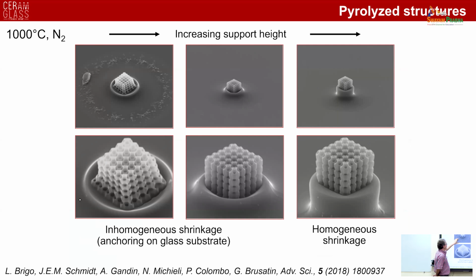And if you control the ratio between the width of the part and the height of the part, then you can, at the end, achieve a component with the correct shape after pyrolysis with no distortions. So this is nice. You can make some micron features, ceramic features on top of surfaces in this way.